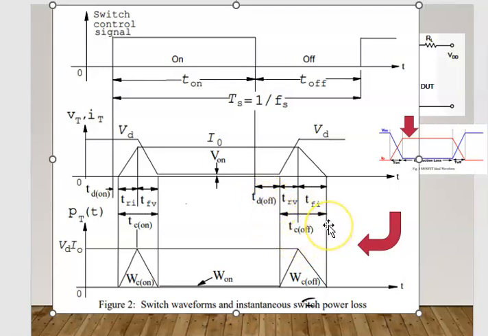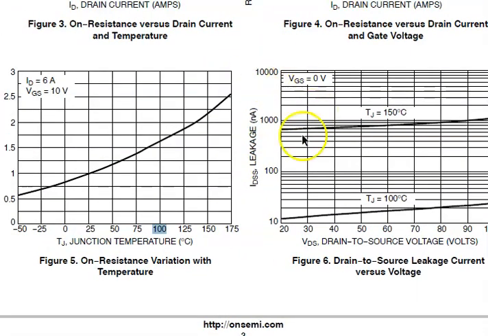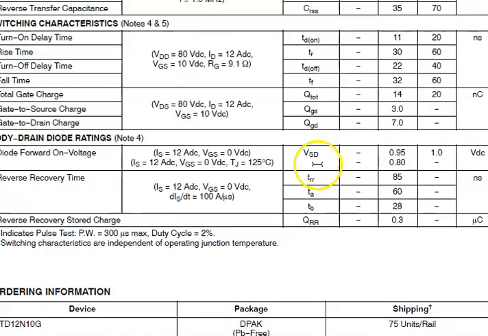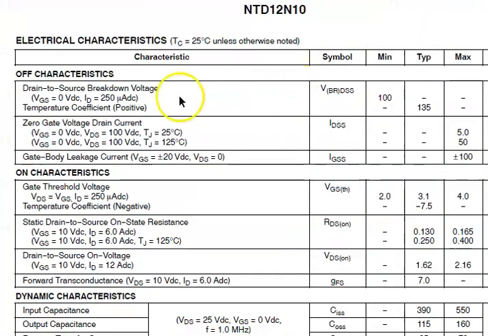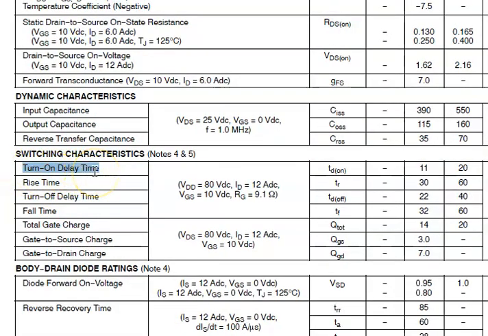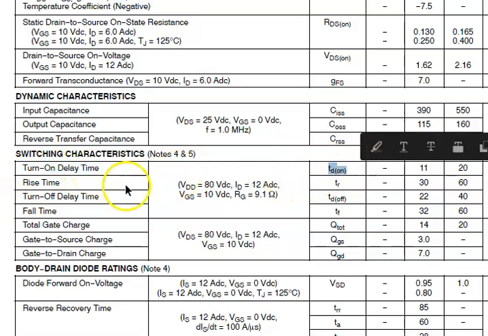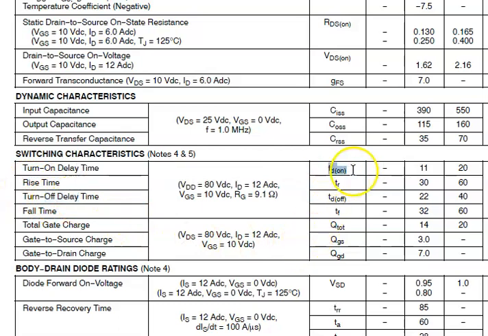So that's why when you calculate your switching losses, you shall refer to the individual data sheet, which shows you how much actually the response time of our switch is. So you can see here on the dynamic characteristic, this is for NTD 1210 just now. So this is the switching characteristic. We have here the on delay time, TD on, and rise time, which means that TD on we have to add with T rise.